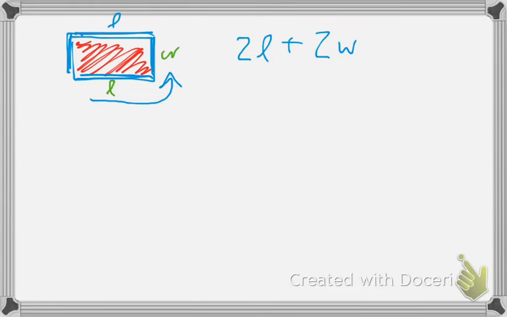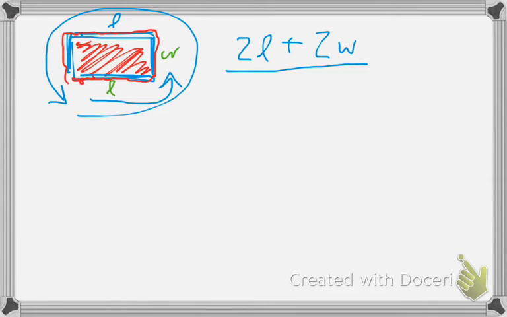That would give us the total perimeter all the way around that. If you were walking right along here, walking all the way around the perimeter of that rectangle, you would do two lengths, two widths, and you could write that out like this. So this equals the perimeter of a rectangle. So capital P for perimeter.